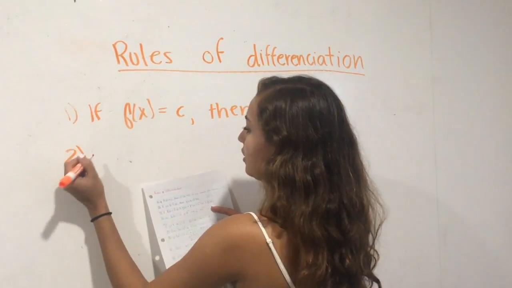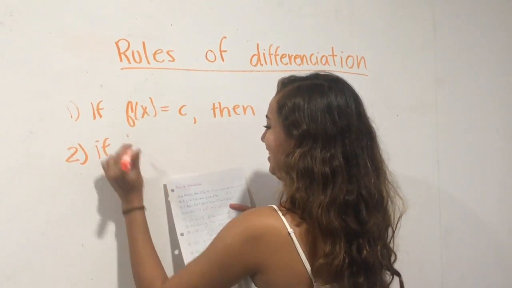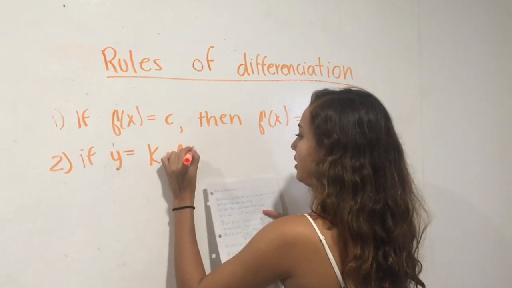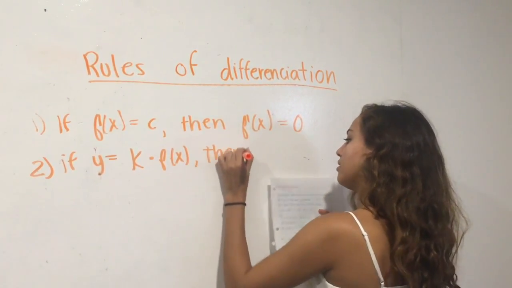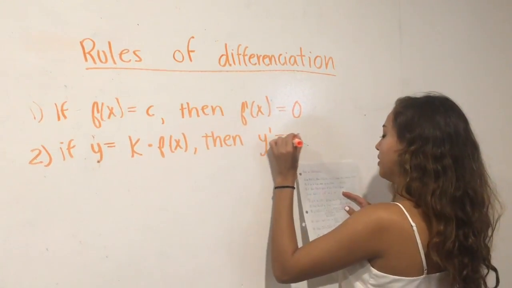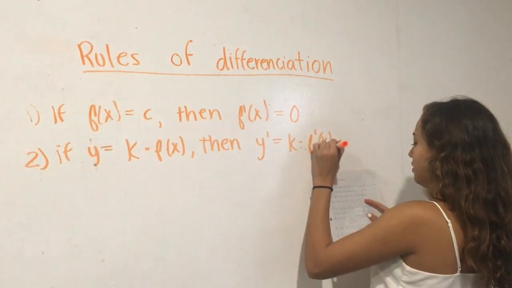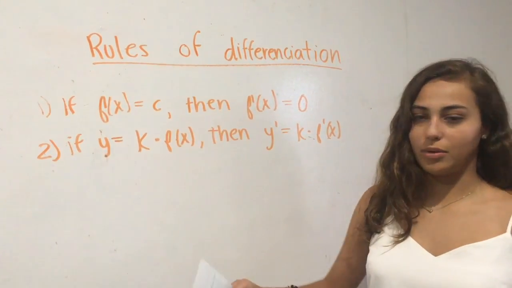Number two is if y equals k times f of x, then y prime equals k times f prime of x. In this case, the k is equal to a number.